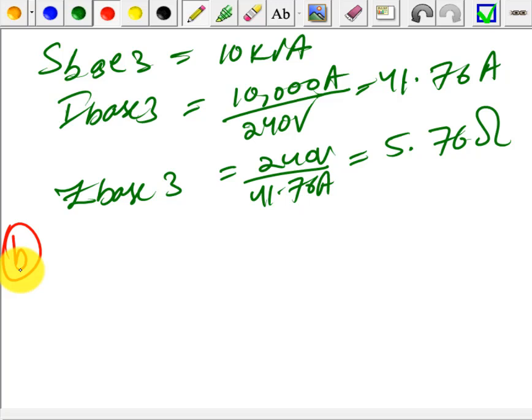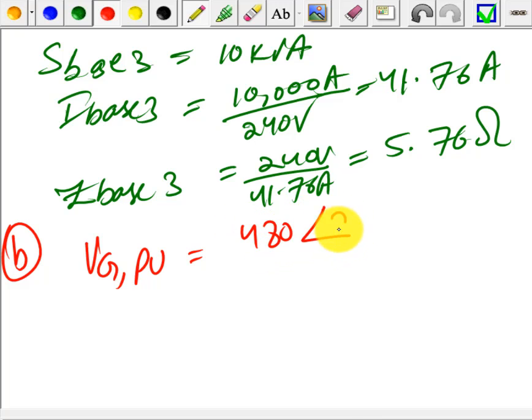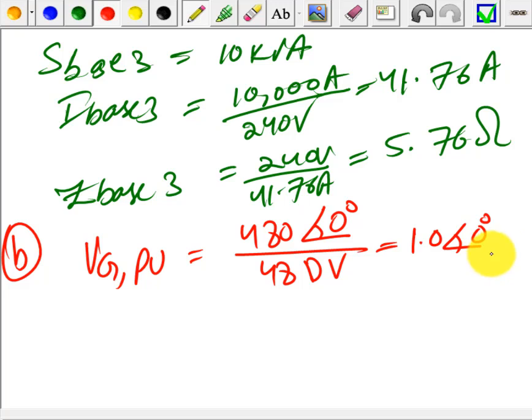Starting from the generator, V generator per unit will be simply 480 volt with 0° angle, because we are taking it as a reference, divided by 480 volt. So that will be obviously equal to 1.0 with angle 0° PU per unit value.